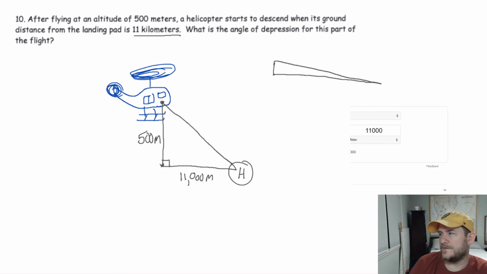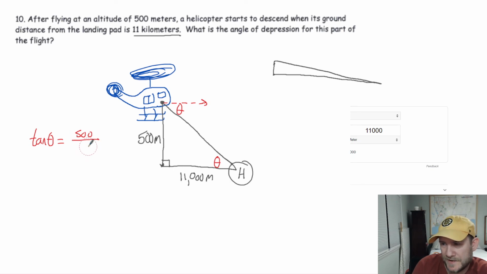It says, what's the angle of depression? So the angle of depression, if you just want to draw it correctly, is this angle. But we're just going to find this angle again like usual. And hopefully you see this is a tangent problem. So we'll say the tangent of theta is the 500 divided by the 11,000. That's going to be a tiny fraction.